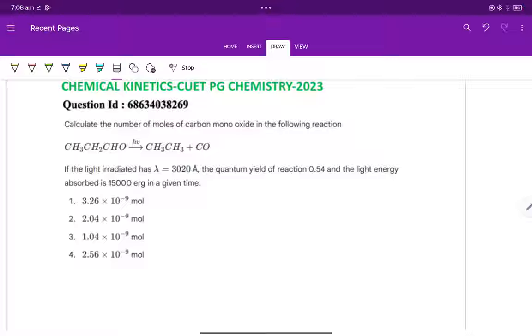This problem is from photochemistry, and compared to the CUT standards, this is a little bit lengthy problem. So let us see how to calculate this one.